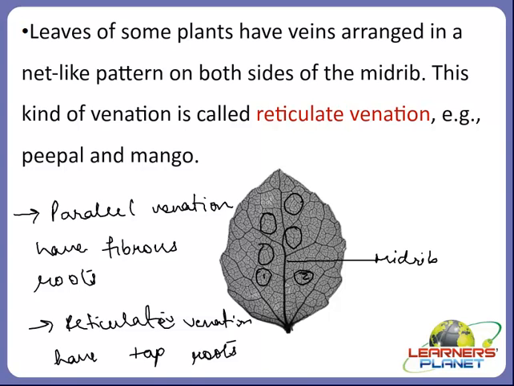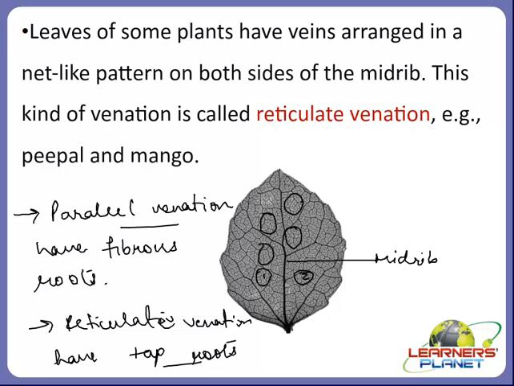These fibrous roots are thin and they are almost equal in size. So always remember that leaves with parallel venation have fibrous roots, whereas those with reticulate venation have tap roots. This is how we can differentiate by looking at the venation.